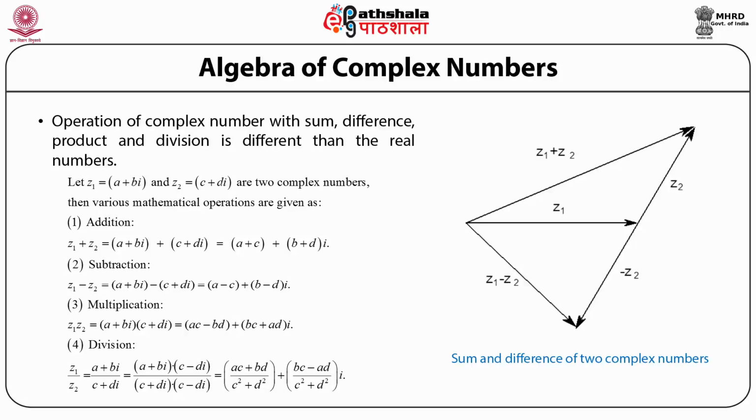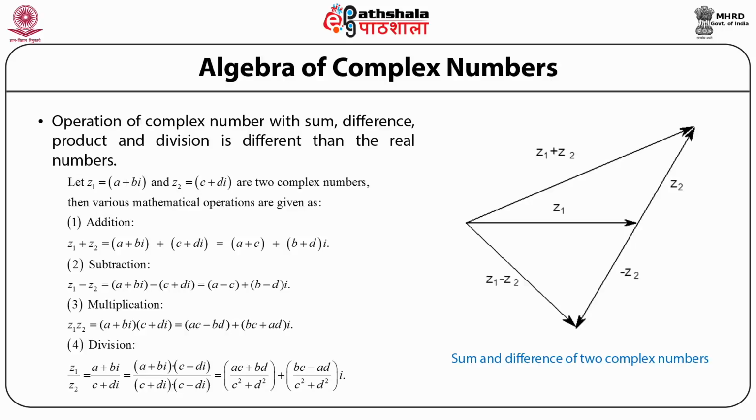In the case of multiplication, this is the most important thing. Z1 times Z2 is going to be A plus Bi times C plus Di. It's going to be A times C, which is the real number, minus B times D. And this is the critical factor of when an imaginary axis is getting transformed into a real axis. i, as you know, is the root of minus 1.